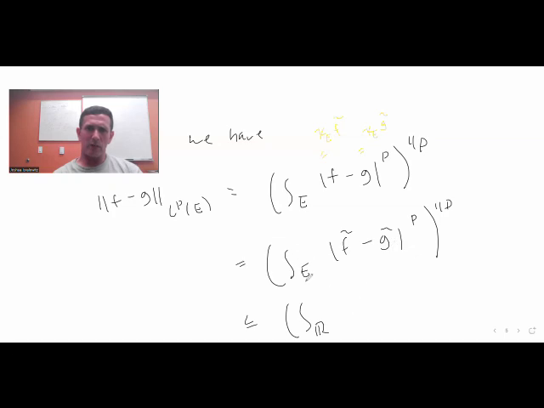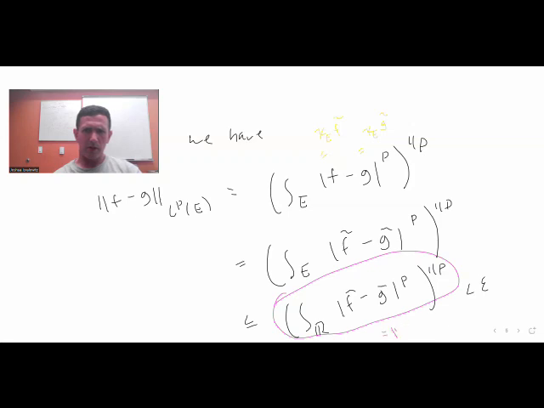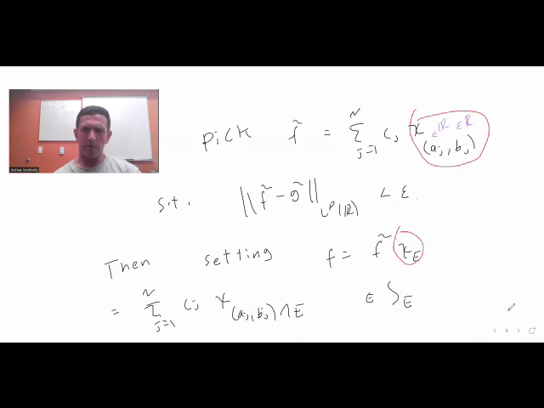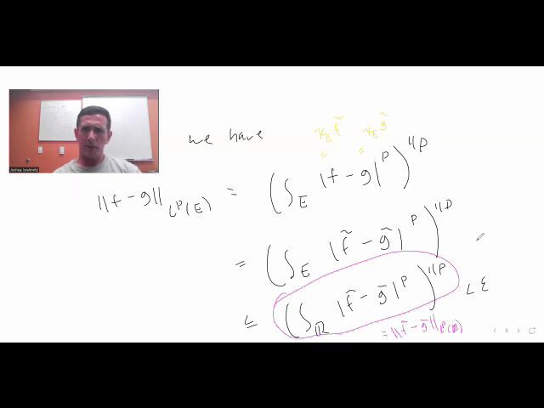Everything's non-negative, so you can replace E with R, and you get less than or equal to the norm of F tilde minus G tilde in LP. And we pick this to be epsilon. Right. So that finishes the proof.